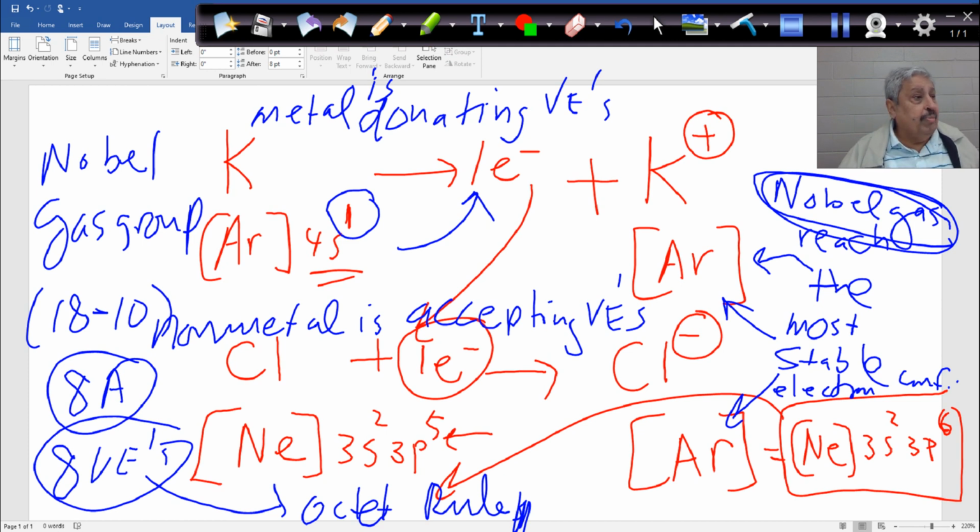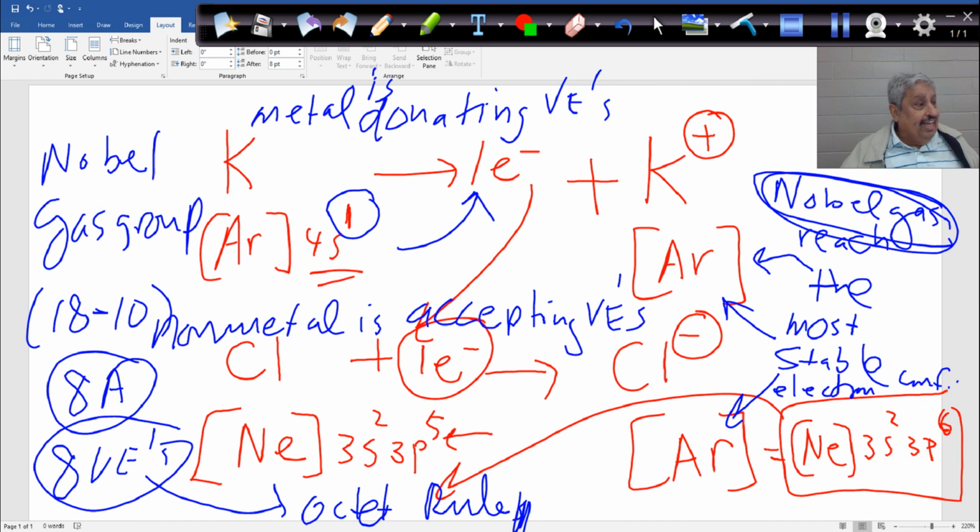The octet rule: when a metal is making an ionic compound, it tends to give away its valence electrons and reach the electron configuration of a noble gas with 8 electrons, and the nonmetal accepts those valence electrons, reaching the noble gas configuration of 8.